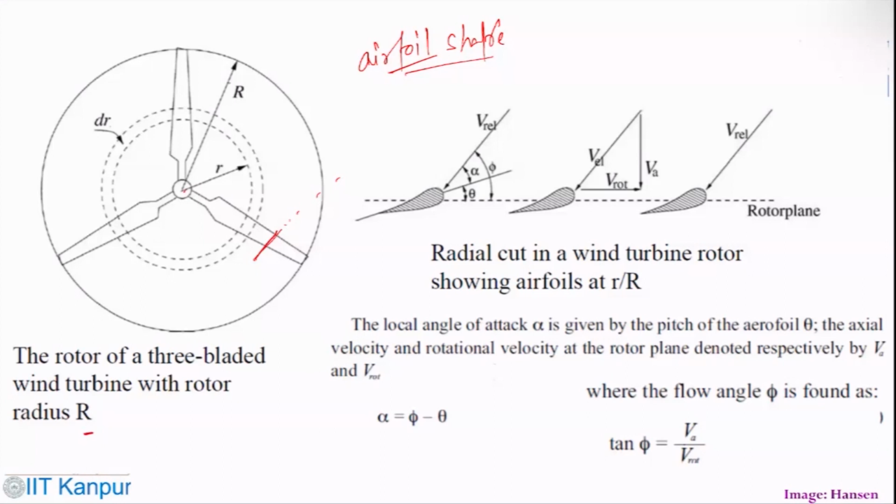What you can see here is the angle of attack, because this particular airfoil of the rotor blade would be exposed to wind. That angle of attack is alpha, the pitch angle is theta, and the complete flow angle phi is relative to the velocity.